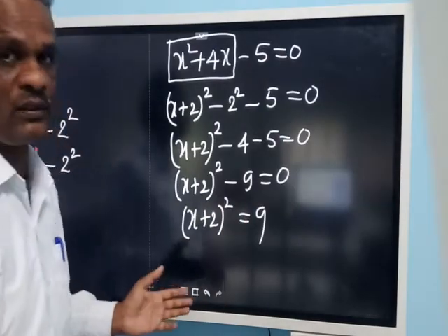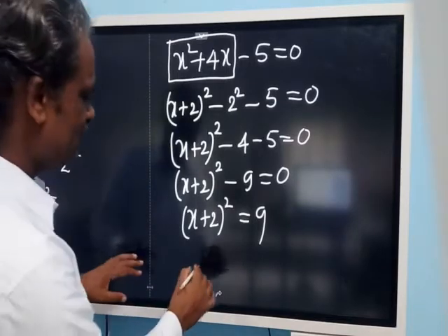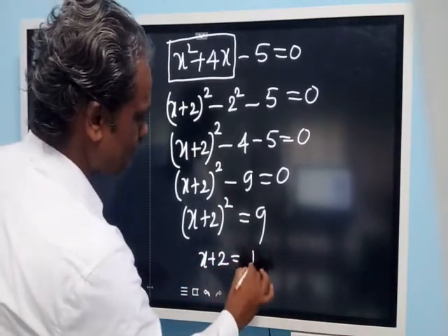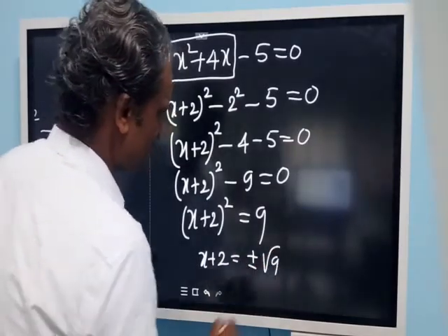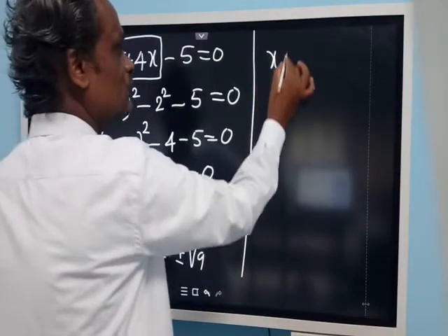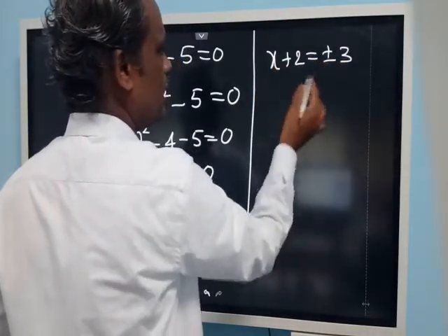If you take the square, see, the variable is completely inside the square. If you want to find out the value of x plus 2, take the square root of this, plus or minus root 9. Therefore x plus 2 is equal to plus or minus 3. So you have two values.